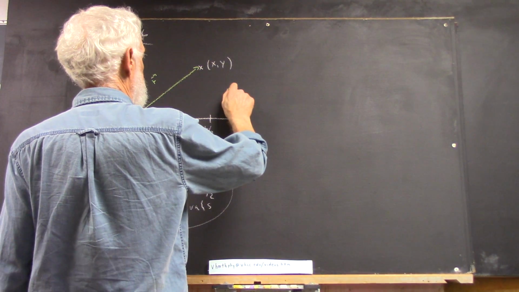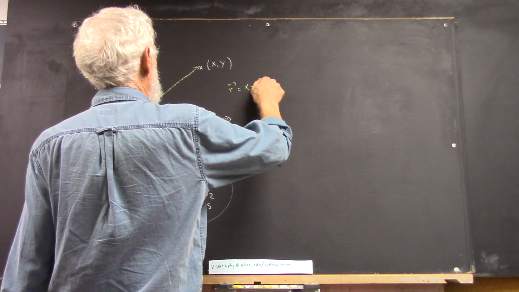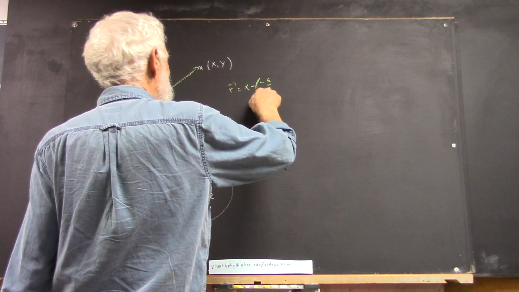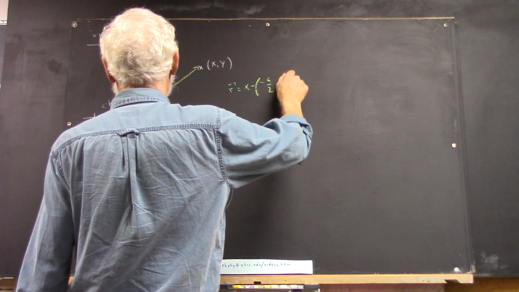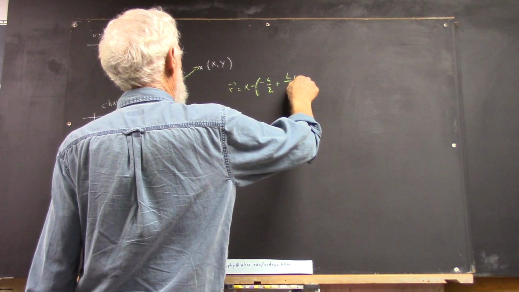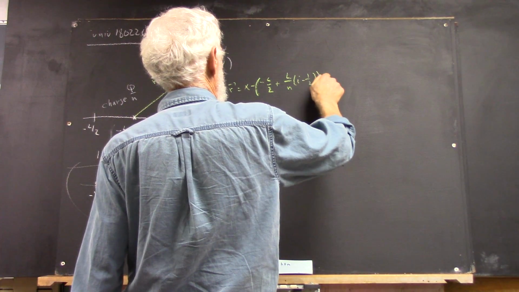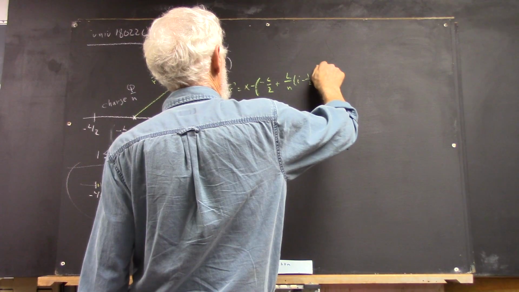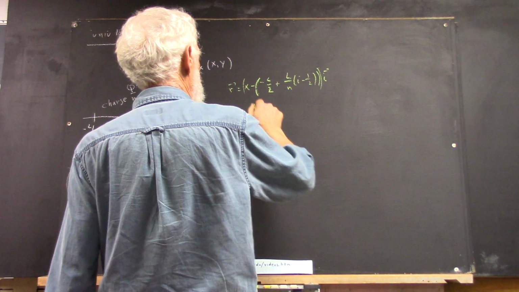And r equals x minus negative L over 2 plus L over n times i minus 1/2 times i, do I have enough parentheses? No.